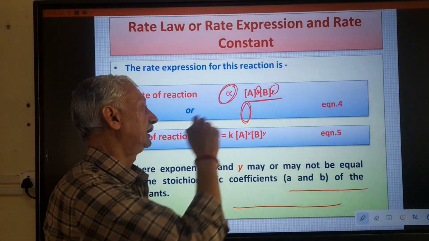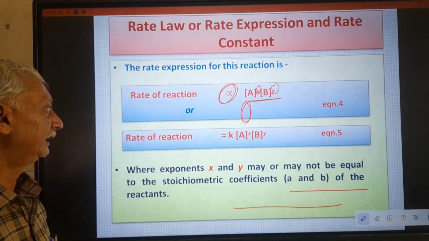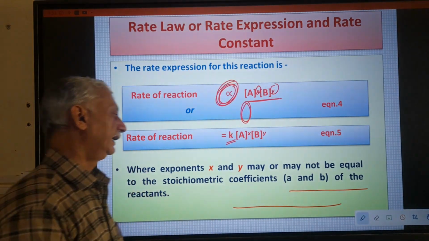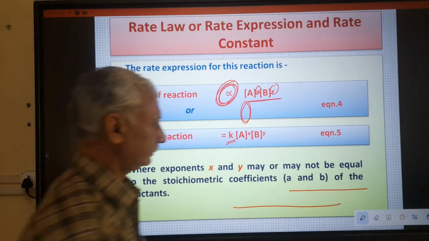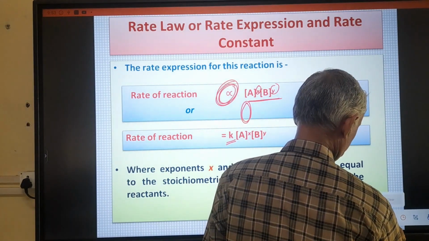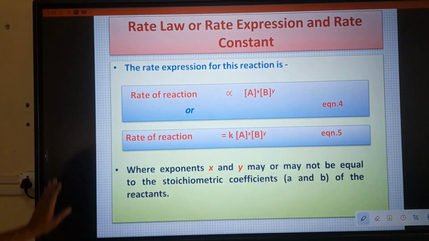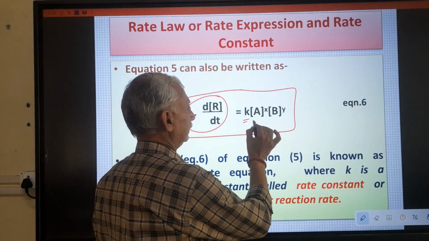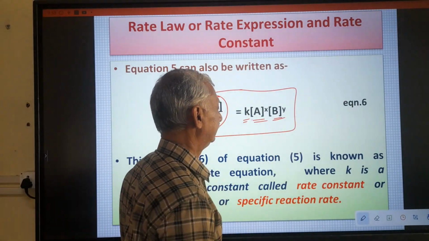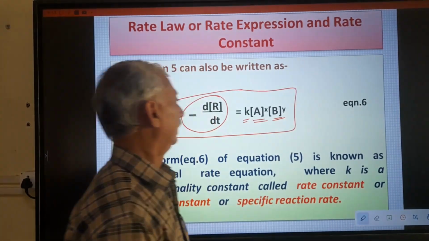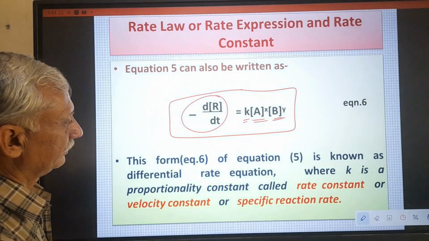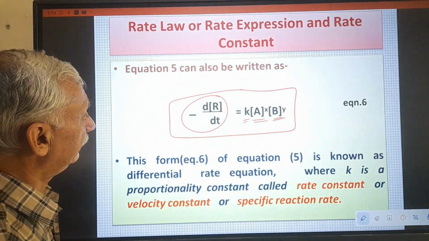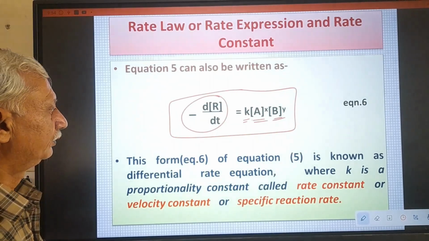The values of x and y are determined experimentally, and when we remove the proportionality sign, we write this constant, the proportionality constant. This is the rate constant, A and B are the reactants, and x and y are their powers. These values of x and y may or may not be equal to their stoichiometric coefficients.